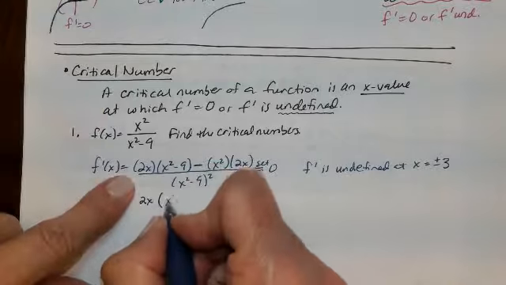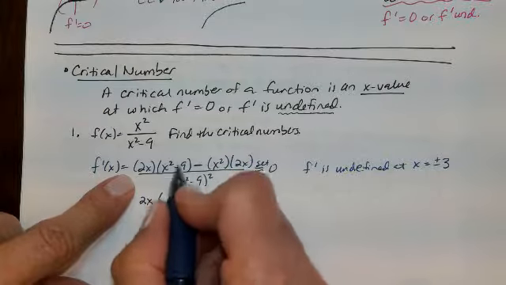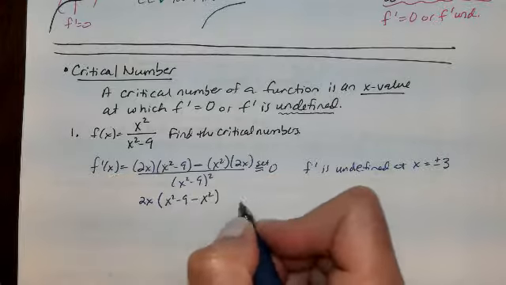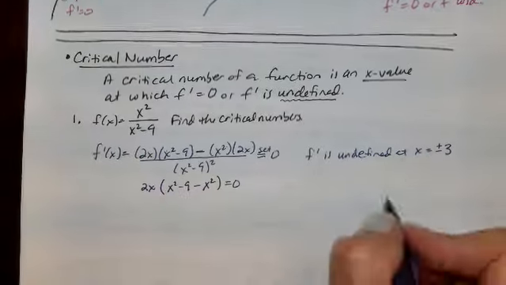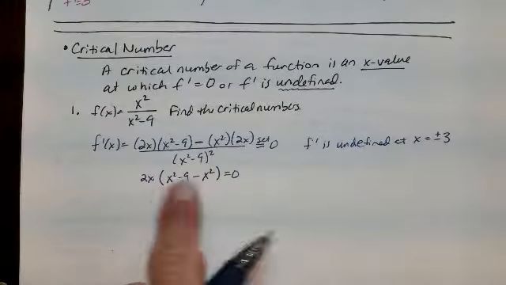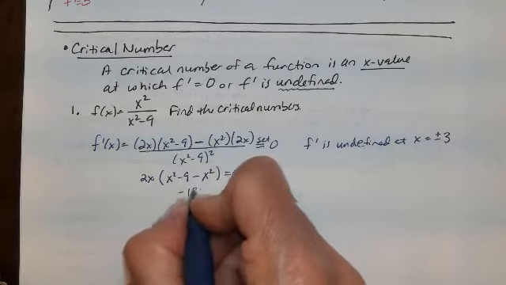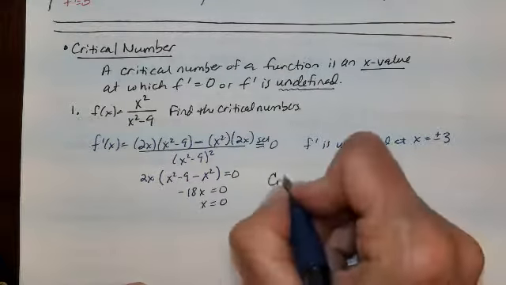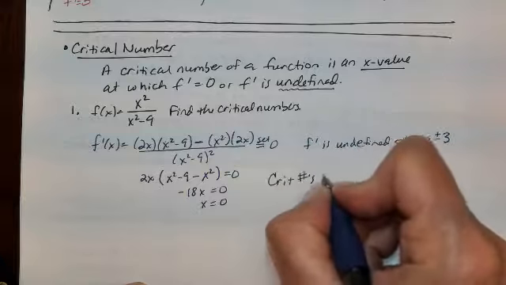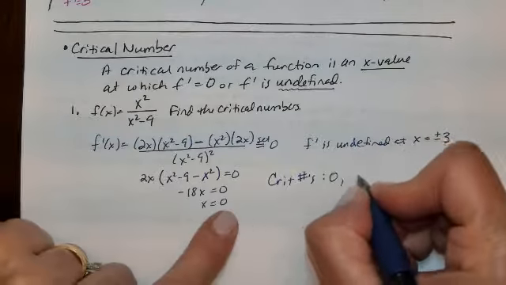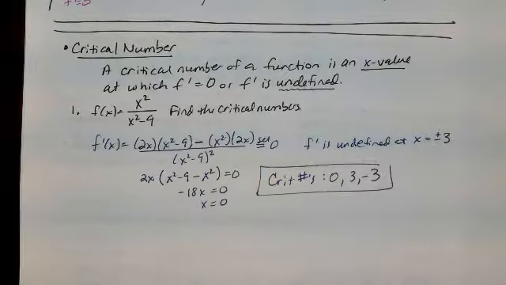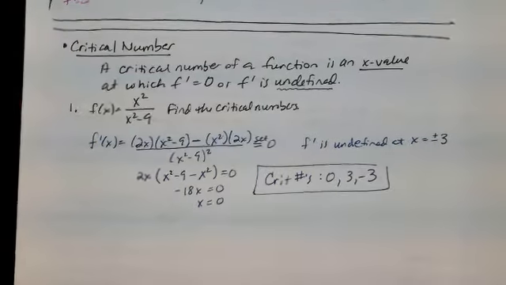I'm left with x squared minus 9 from the first term, minus an x squared from the second term, and that is equal to 0. The x squareds cancel out, and I have negative 18x is equal to 0, so x must be 0. So my critical numbers are 0, 3, and negative 3. Not too bad, I don't think.